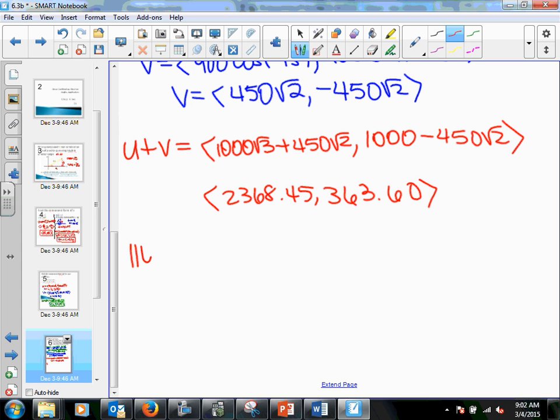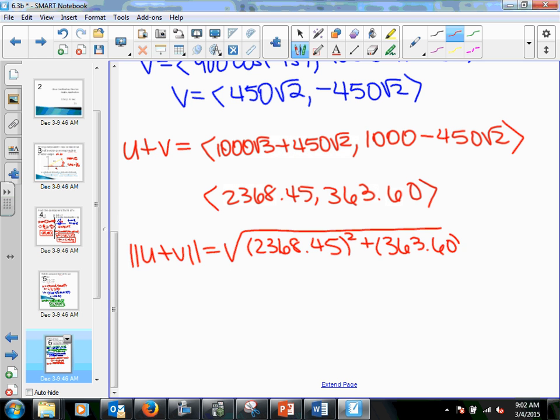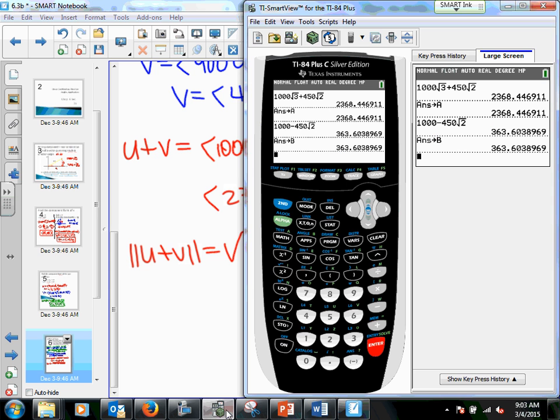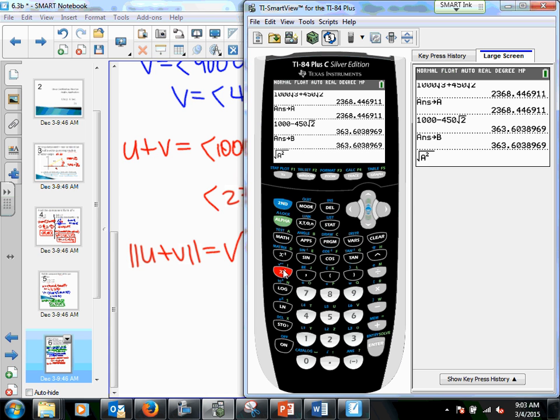How do we find the magnitude of u plus v? We take the square root of A squared plus B squared, correct? To find the magnitude of our resulting force, we take the square root of A squared plus B squared. Instead of having to retype all of those numbers, we can go to our calculator and say the square root of A squared plus B squared.